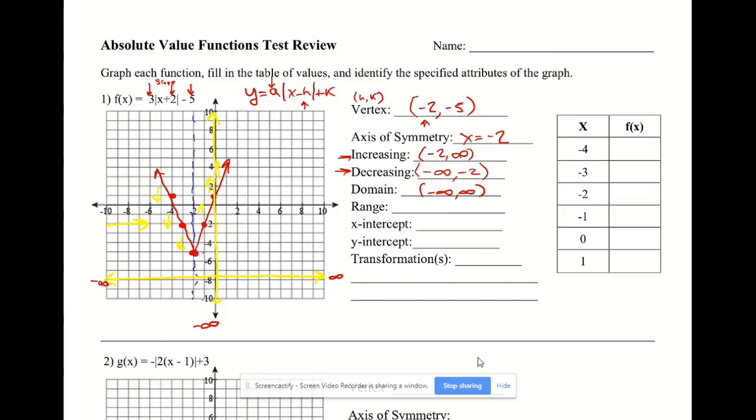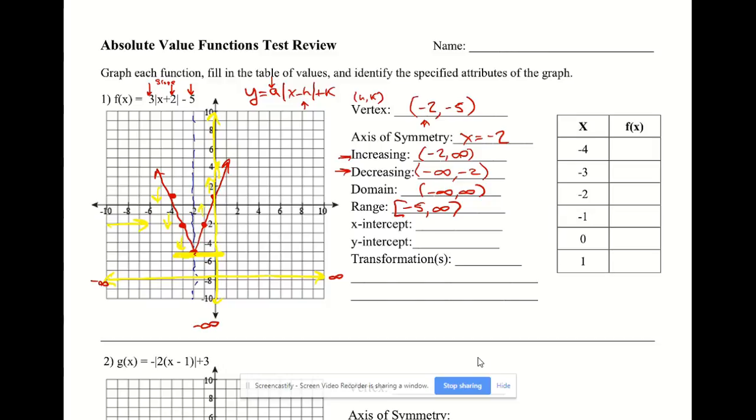What we're looking for is where our graph begins, and it begins at negative 5. So negative 5 is the start of our range, and it continues on to infinity. And I use a bracket because negative 5 is on our graph. In fact, when x is negative 2, y is negative 5.